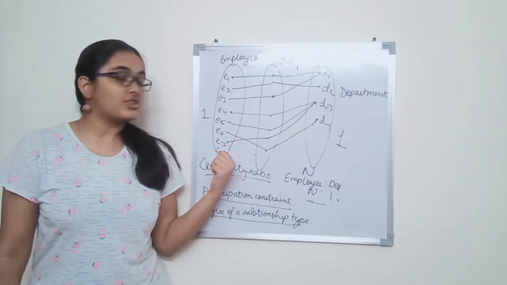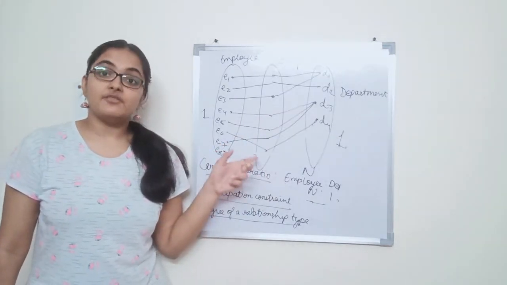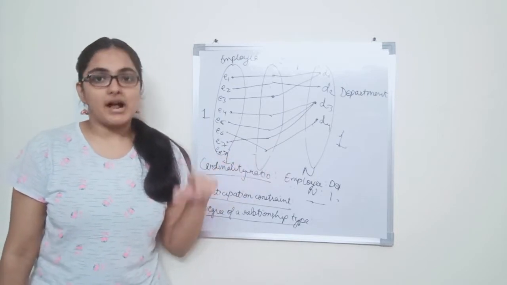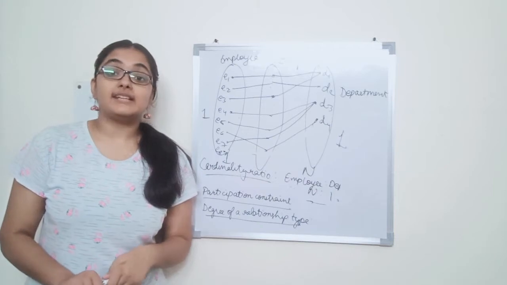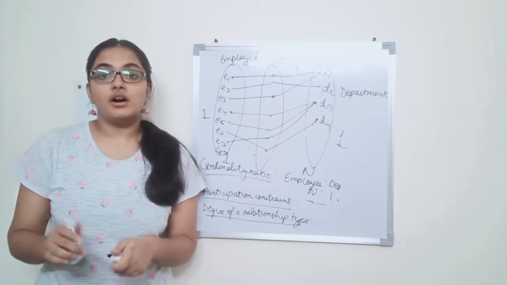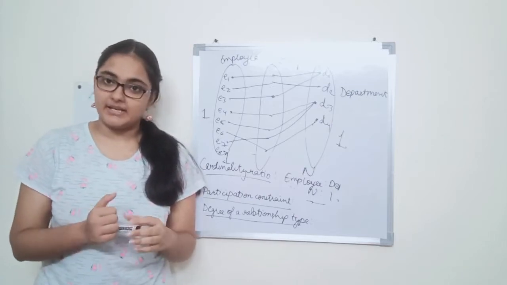So the participation of employee entities in the works for relationship type is partial. That is a partial participation. Okay. So the total participation is also called existence dependency.